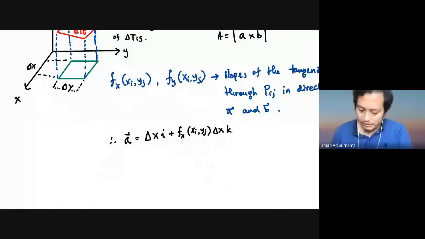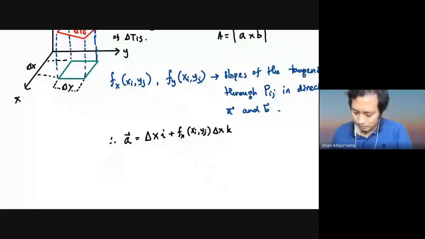We can solve this and write as negative partial x plus partial y j plus delta x delta y k.